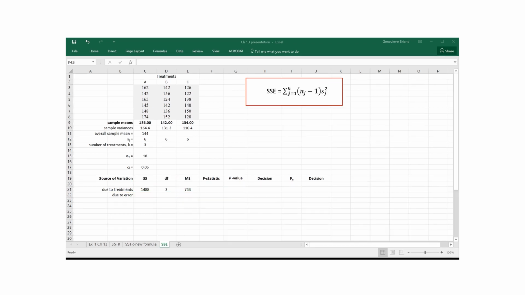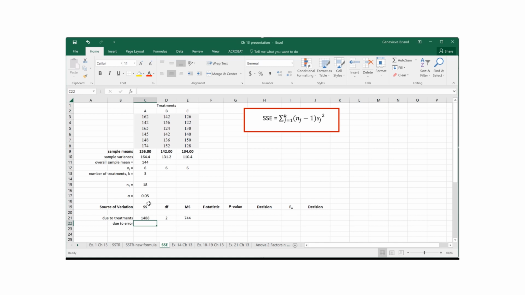Let's compute it. So, equal sign. So we will get my sample size for the first treatment minus 1, close my parentheses, times my sample variance.